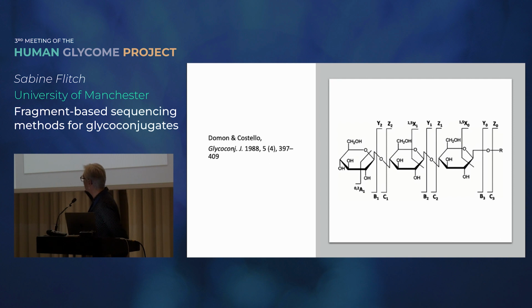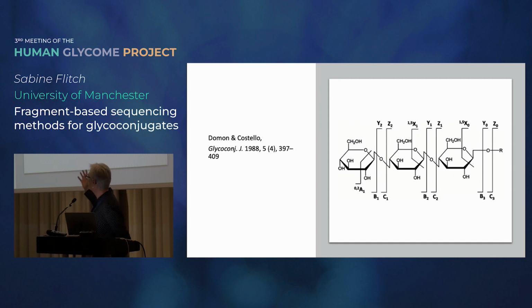So we know quite a lot about fragmentation of carbohydrates in the gas phase. We're getting very defined fragments, and we're all using these fragments for structure determination. So we thought, can we do this all using mass spectrometry, using the fragmentation methods which are already there, generating these fragments?